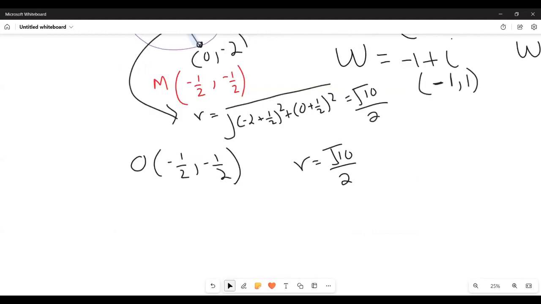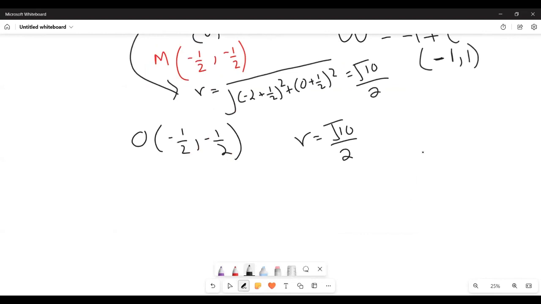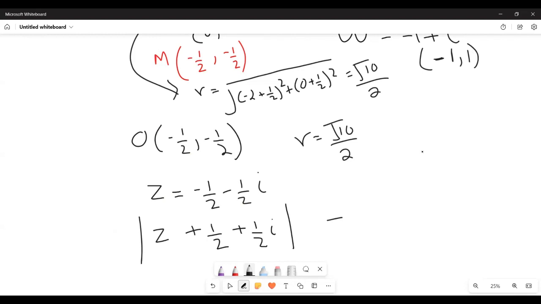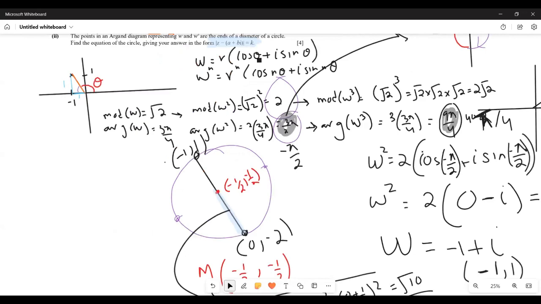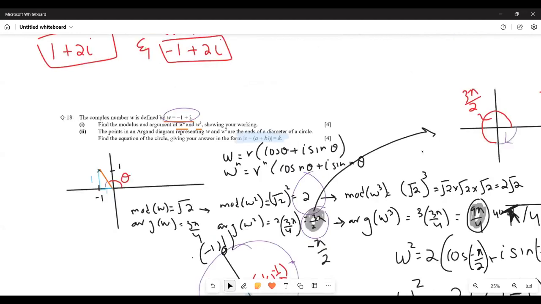Now, how do we write this in the form of z? Remember, z equals minus half minus half iota. Bring it to the other side, so you get z plus half plus half iota. Modulus of that is equal to the radius, which is under root 10 upon 2. However, in the question, they've taken negative outside of the brackets.